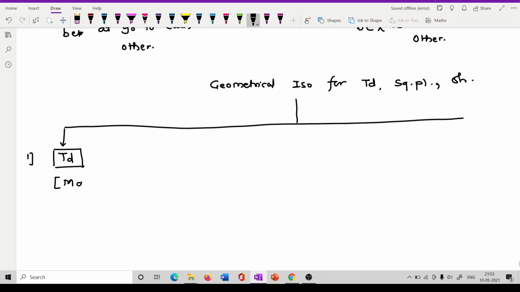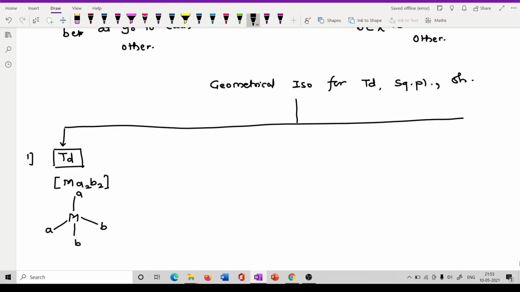Suppose I take the example MA2B2. M is my metal, and A and B are monodentate ligands. The tetrahedral molecule looks like this: A ligand, A ligand, B ligand, and B ligand.